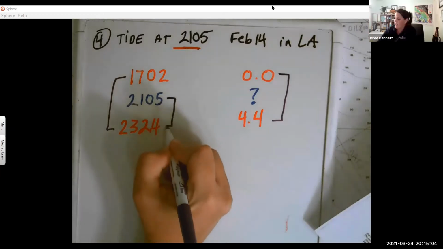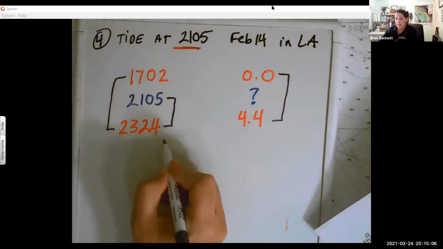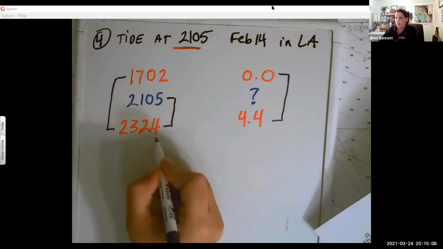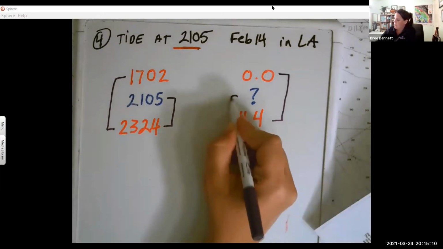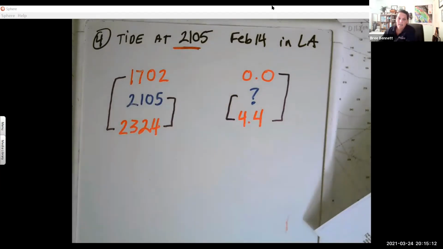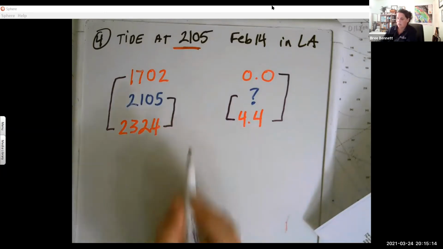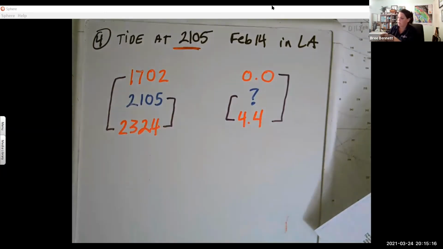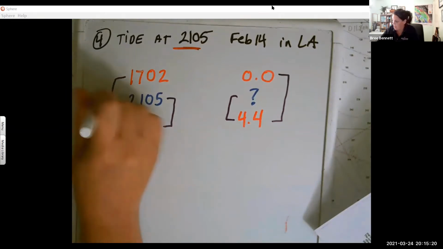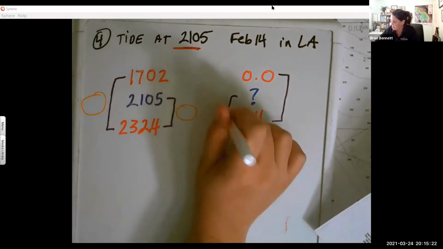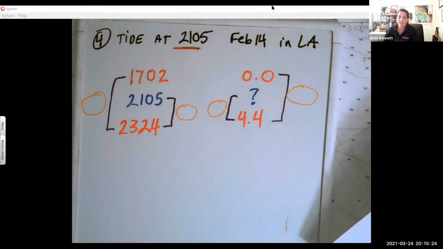So we want to know the time to the nearest tide, which is going to be that high water, and then we'll have our correction to that same tide. So we're looking for these values here, if you will.